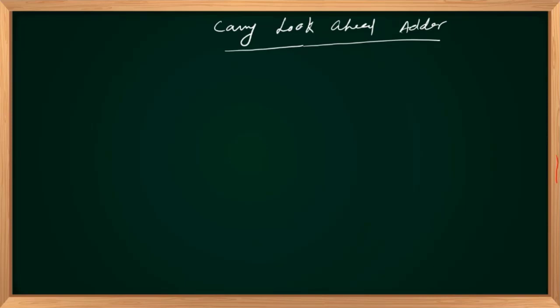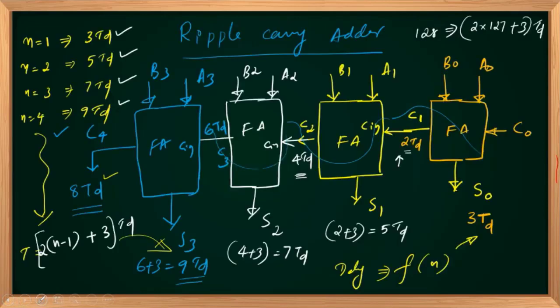So 2n plus 1 times td. That is also right. Let me add that also. Thank you for your input. 2n plus 1 times td. That is also right. Total delay. Both are correct. Thank you.